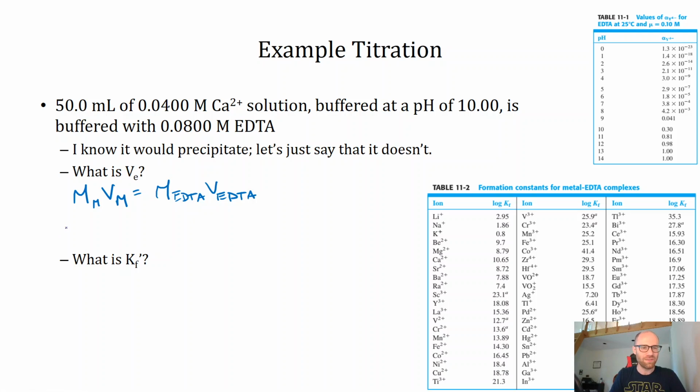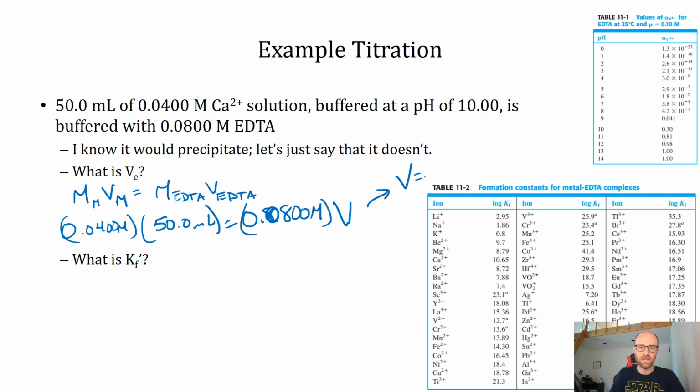Plugging in our values, we've got 0.040 molar times 50.0 milliliters equals 0.0800 molar times V. So here we get V equals 25.0 milliliters, and that's going to be our equivalence volume.